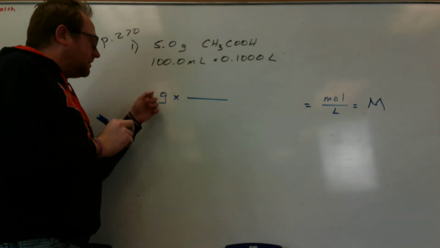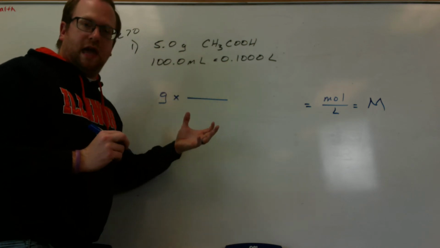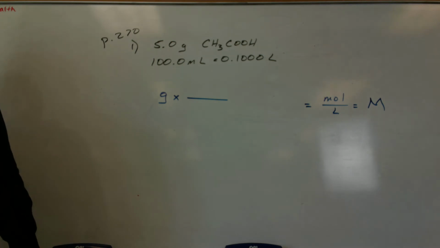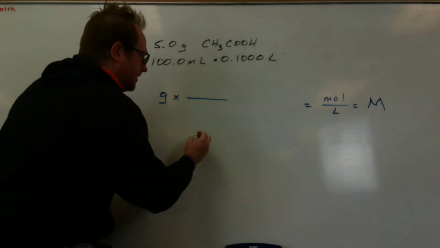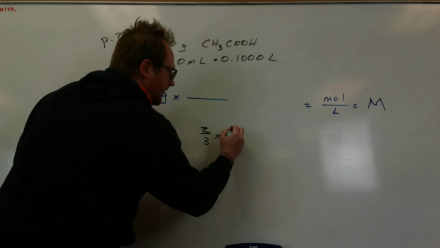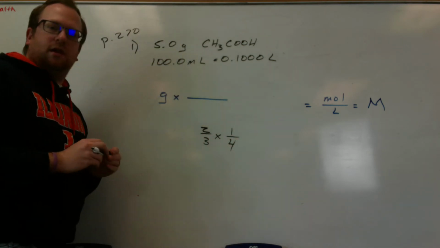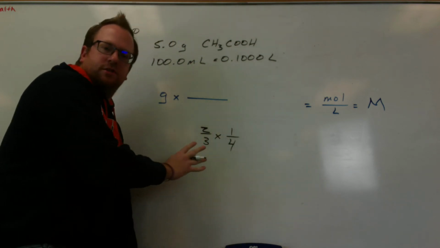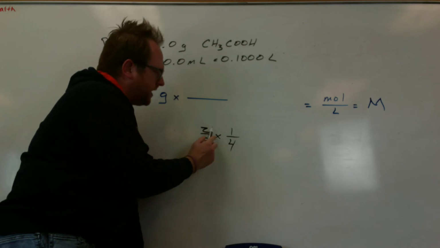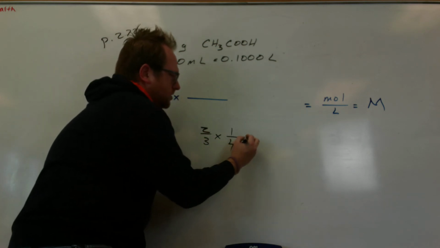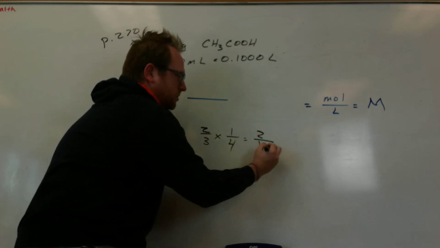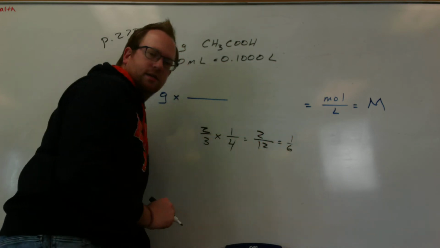Well, in order to get grams to go away, think about reducing fractions. If I have a fraction here of, let's say, 2/3, and I multiply it by 1/4, okay? Don't worry about what the answer is. But we multiply fractions. Think about how we do this. We multiply fractions by going straight across. So this would be 2 times 1, which is 2. 3 times 4, which is 12, I can reduce that to 1/6.